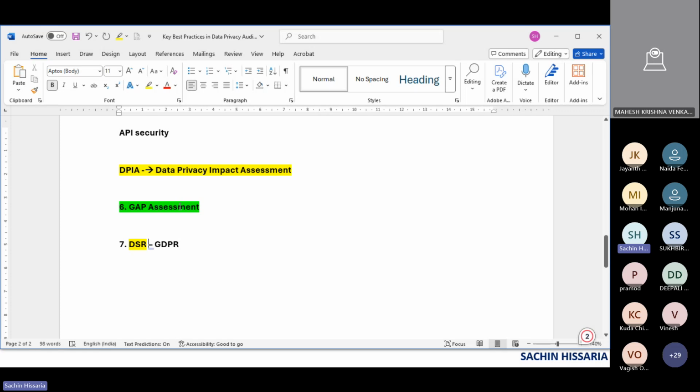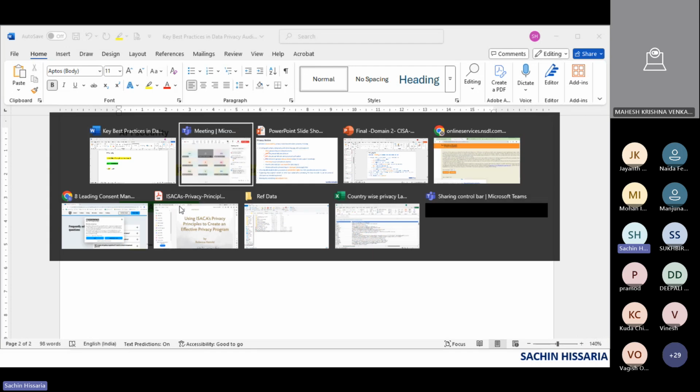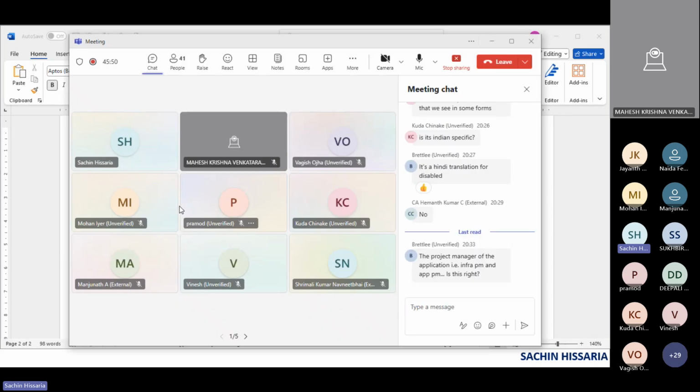Initially, we discussed who is a data subject, correct? The person whose PI information is collected and stored. So we have provided them certain rights. Like in GDPR, they have a right to ask for deletion of the data, correct? They have a right to remove their consent, and they have some other rights.